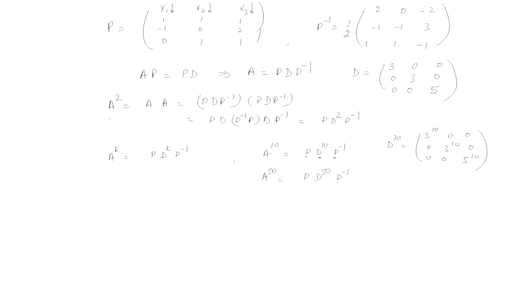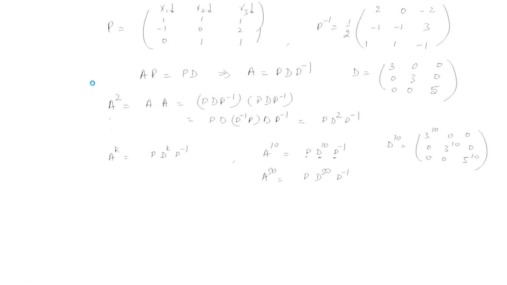Now, suppose you want to find E raised to power A. It is I plus A plus A square by 2 factorial and so on. Here A is equal to P D P inverse.